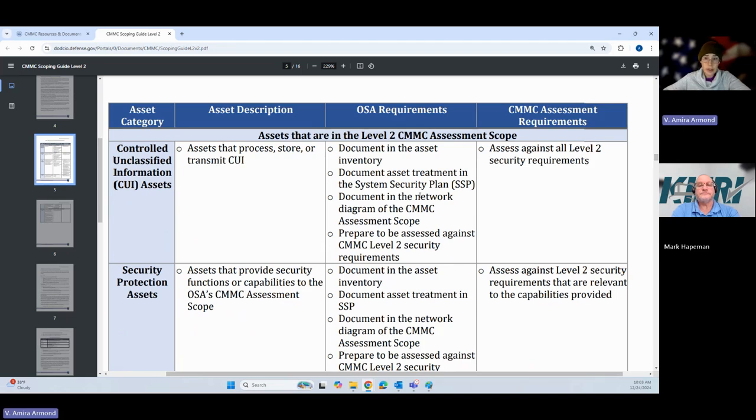Now, your computers, your servers, your workstations, the stuff that has like a Linux, Windows operating system, we're going to expect that almost all of the requirements apply, unless they're very specifically for like people or facilities. Okay, so we're not going to try to give cyber awareness training to our Windows computer. But stuff like controlling communications at that computer or monitoring activity, we are going to expect those apply to the computer.